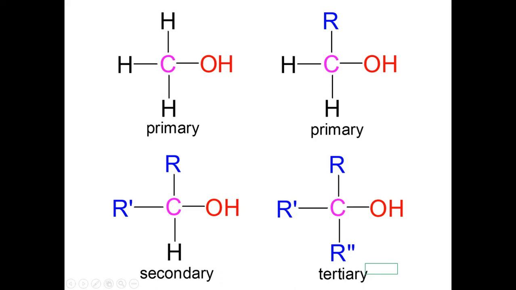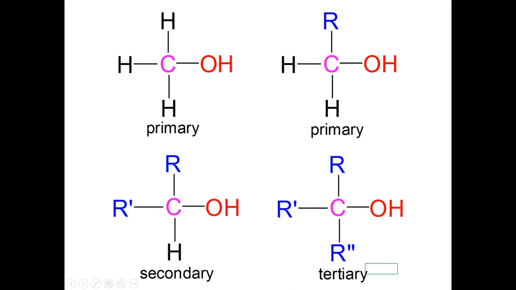Here the group attached to it is only hydrogen, so it is considered primary. For the primary alcohol, we can identify it by detecting that this carbon is attached to only one alkyl group. So this one is categorized as a primary alcohol because the OH group is attached to a primary carbon.